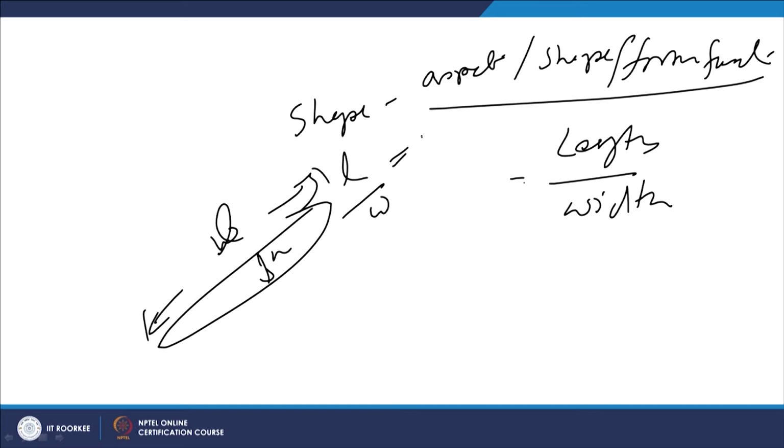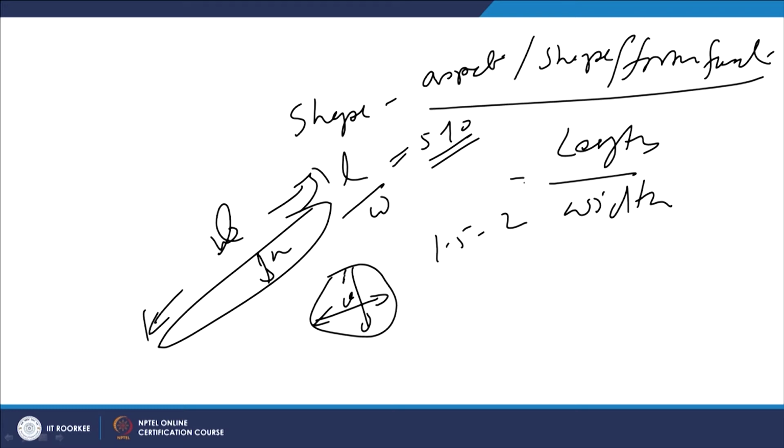So here it may be like 5 to 10 for needle shape structures, while for polyhedral shape it may be like 1.5 to 2 or more. Like this is the length and this is the width. But for the spherical shape products it may be like 0.9 to 1.1, where length and widths are almost same.